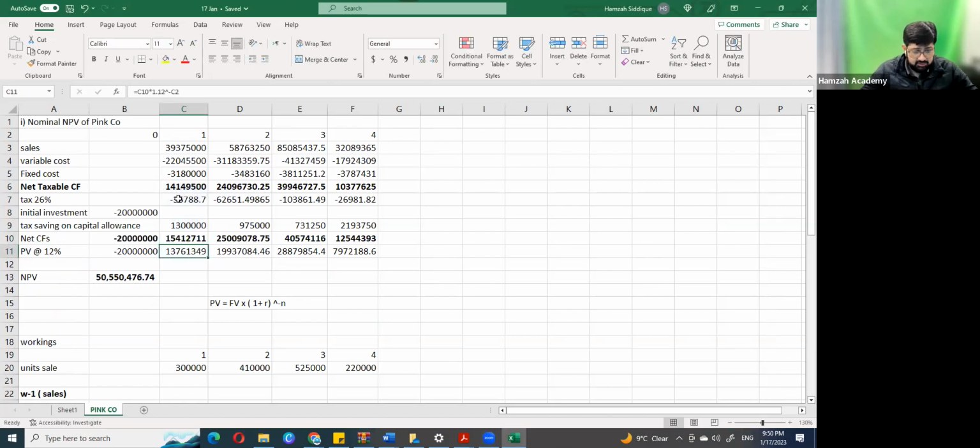I don't know why it is there. You can check it yourself from the kit, because the calculation is the same.